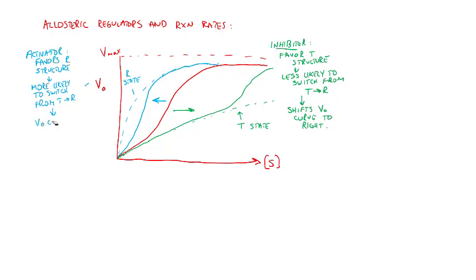And our curve will shift left. And in extreme cases, if you had an allosteric activator that locked the enzyme in the R structure, what you would see is a Michaelis-Menten-like curve that matches that of the R state.